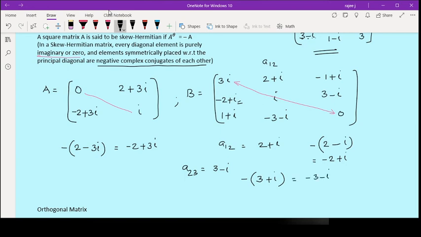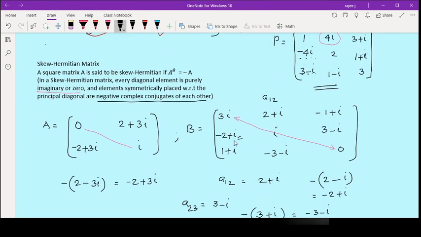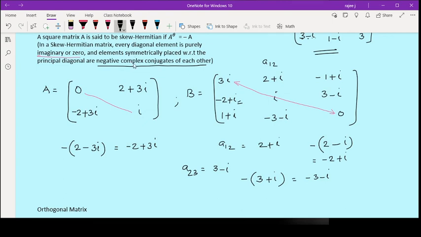So this you got. Okay, so that is a skew Hermitian matrix. That means in a skew Hermitian matrix, diagonal elements are purely imaginary or 0, and elements placed symmetrically with respect to the principal diagonal are negative complex conjugates of each other.